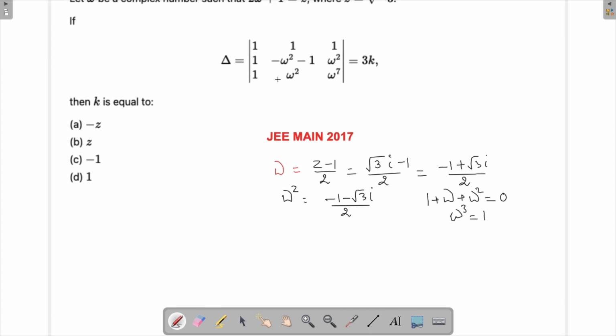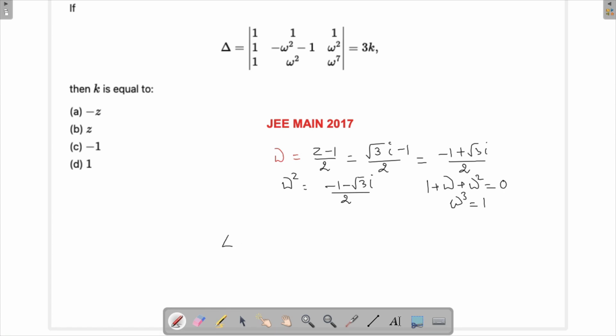So using this, we can simplify my determinant, and we can write this as 1, 1, and 1. And then this is 1, it's fine. But this is minus 1 minus omega square. So if I send this to the side, minus 1 minus omega square will become equal to omega. So I could write this as omega.